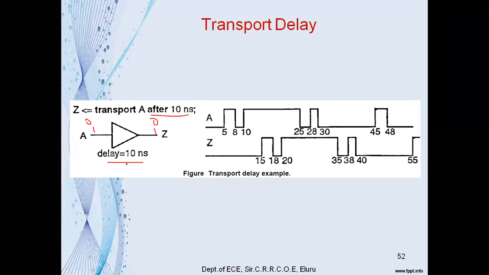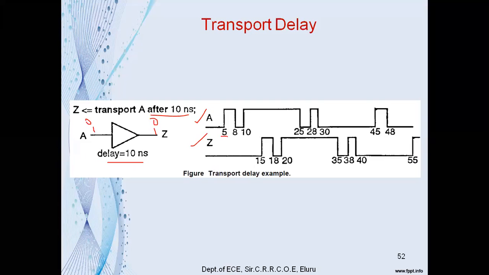But now if you see for the transport, so now see here, A is the input signal and Z is the output signal. You can observe the output. At what time does the input have a transition?